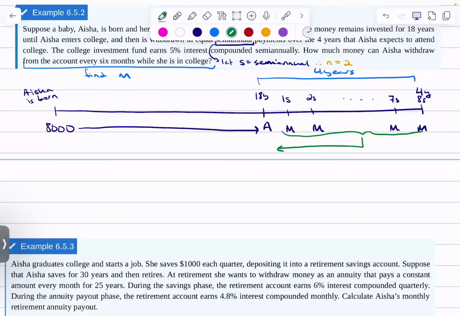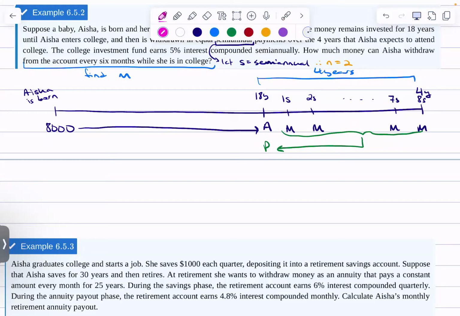Those payments have some present value, P. The accumulated amount from the 8,000, which sat there for 18 years and compounded semi-annually, then becomes the present value or the principal amount to support these payments going out, right?